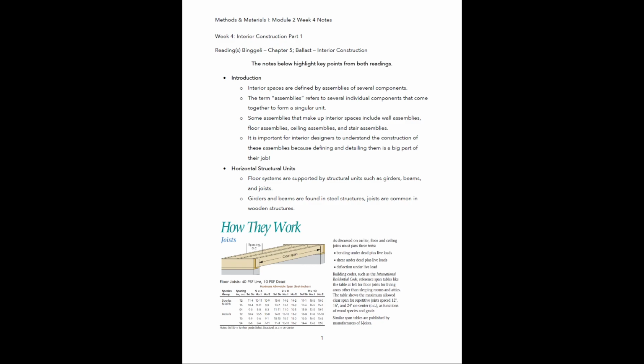These can include wall assemblies, floor assemblies, ceilings, and stair assemblies. Okay, but there's a bunch more as well. But basically, these are groupings of structural elements along with finish elements that come together and make a singular unit of something. So a stair, a floor, a ceiling, etc.